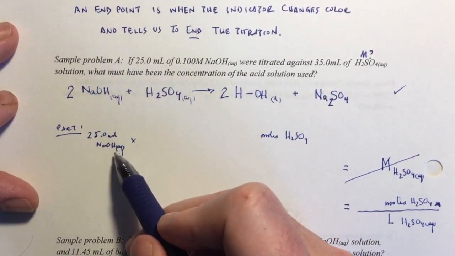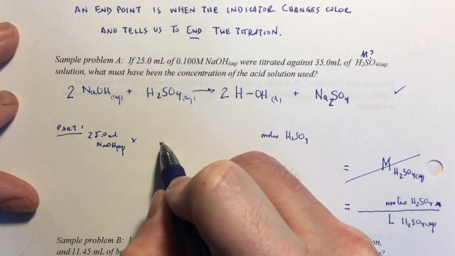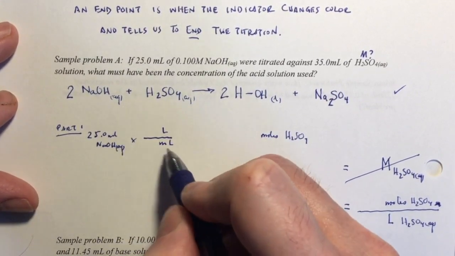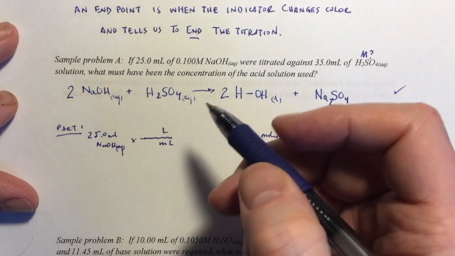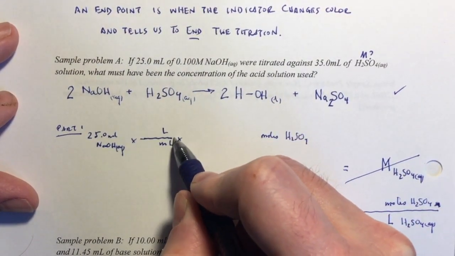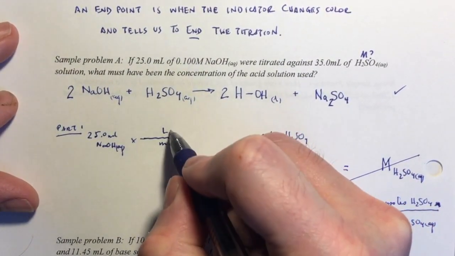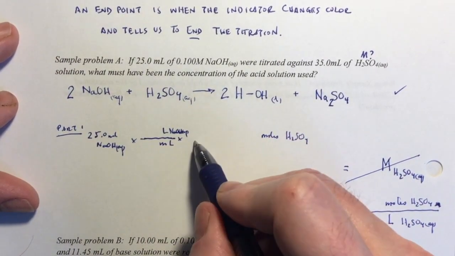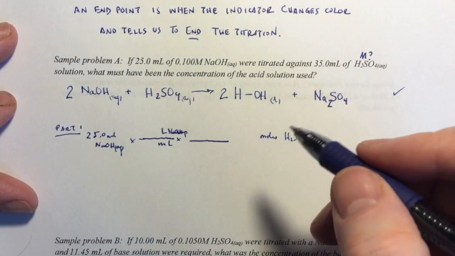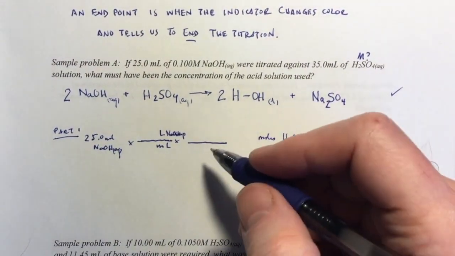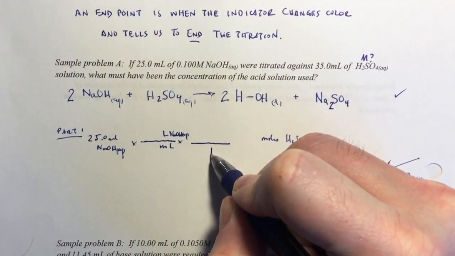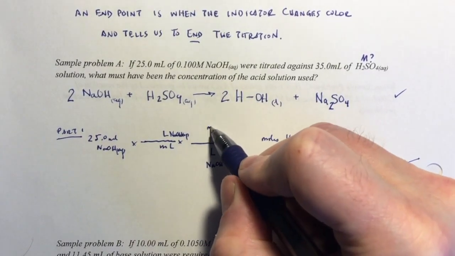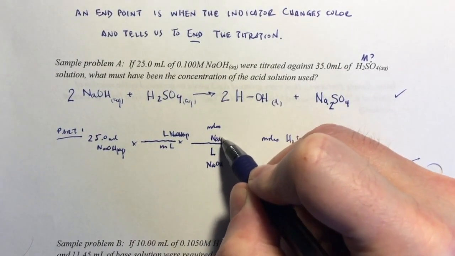I'm going to convert from milliliters to liters. Remember, milliliters has to be on the bottom here in order to cancel out. And then my next conversion step, this is liters of NaOH, right? My next conversion step, I need liters of NaOH to moles of NaOH.